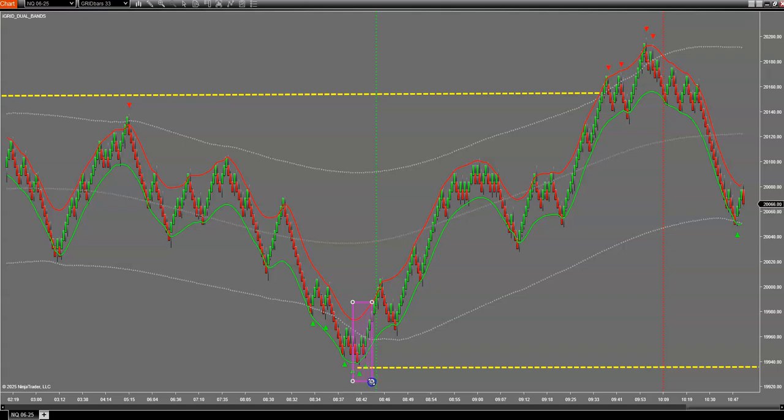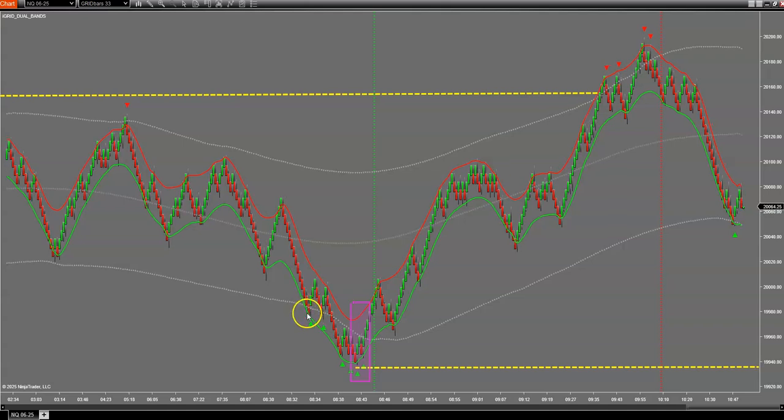And then there's another thing that I want to point out. These little upside down triangles, or in this case, right side up triangles, appear anytime price pierces the lower part of the main band and then closes up. These are like a heads up that the market's spending some time outside the lower main bands and we may get a reversal.